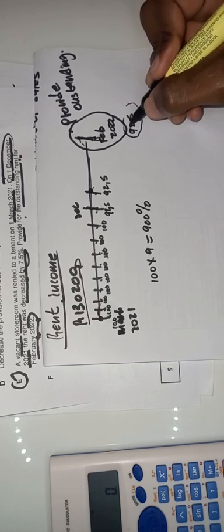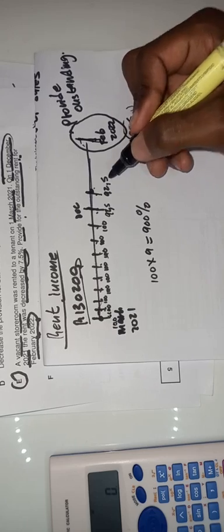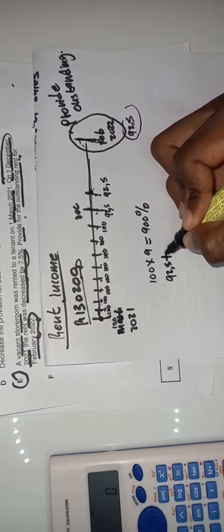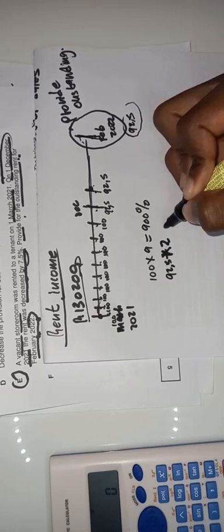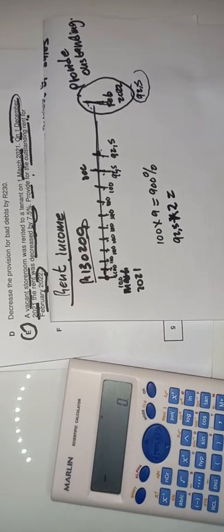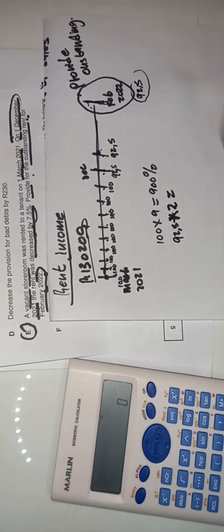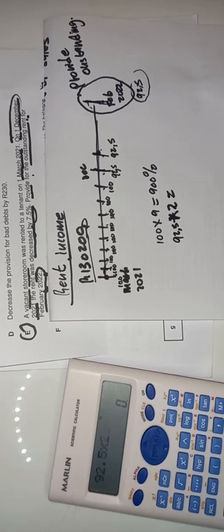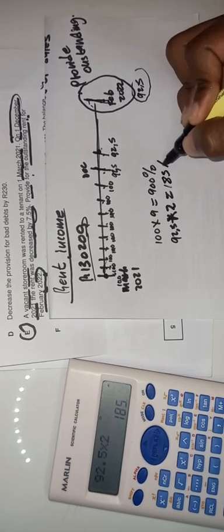So we did not receive this one, which means it's going to be 92.5 plus 92.5, or 92.5 times 2, which means it's for December and January. February we did not receive. So 92.5 times 2 gives us 185%.